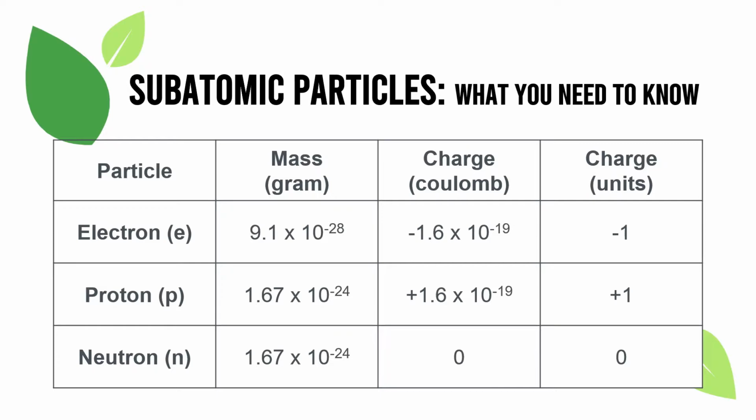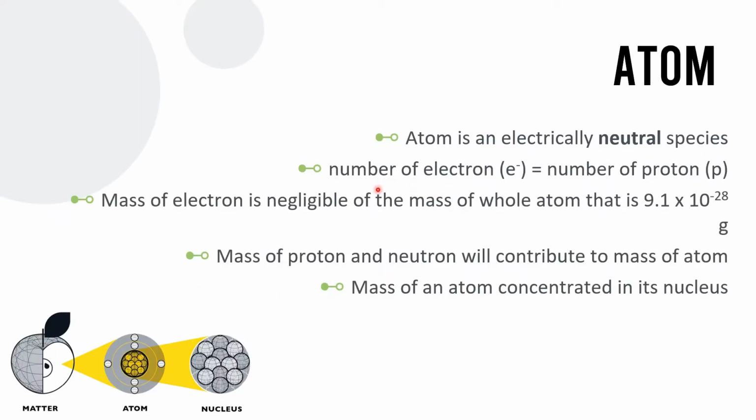This is the reason why the mass of an atom is concentrated in its nucleus, because in the nucleus we have proton and neutron. The number of electrons equals the number of protons in an atom. This is the reason why an atom is an electrically neutral species.